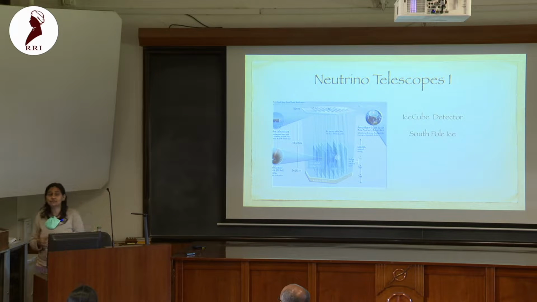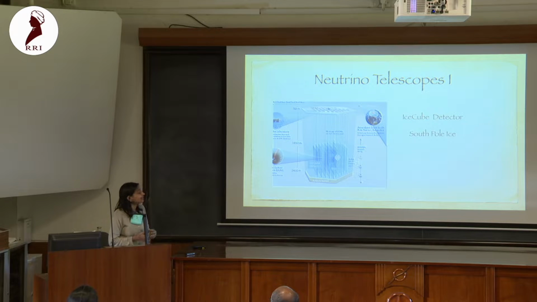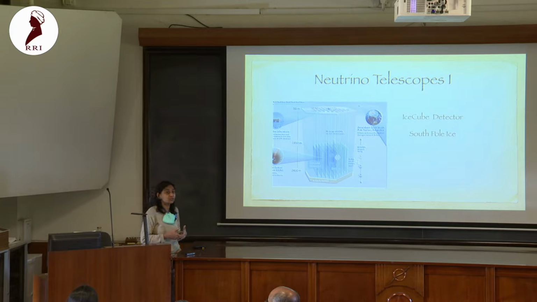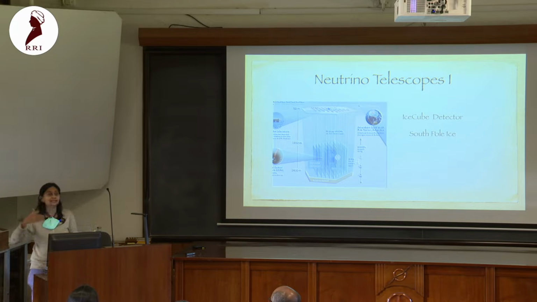They label events gold event or bronze event, depending on the probability that it is an astrophysical neutrino event. And then other people try to find out the source from where this neutrino came. The neutrinos are neutral, so they should maintain their direction.